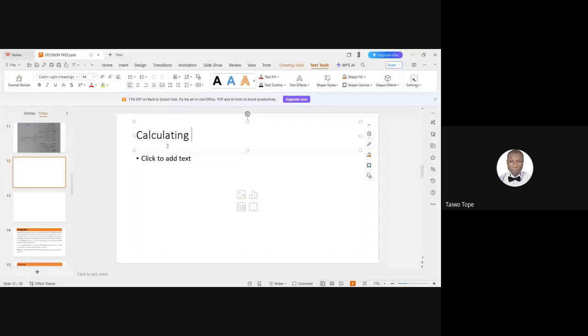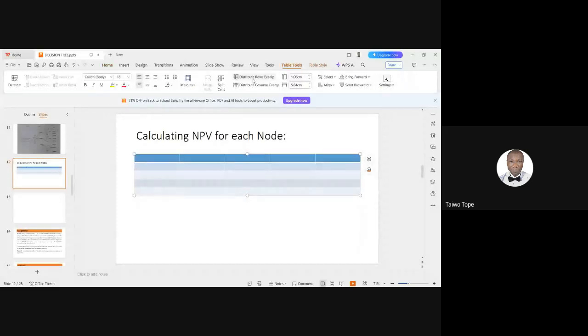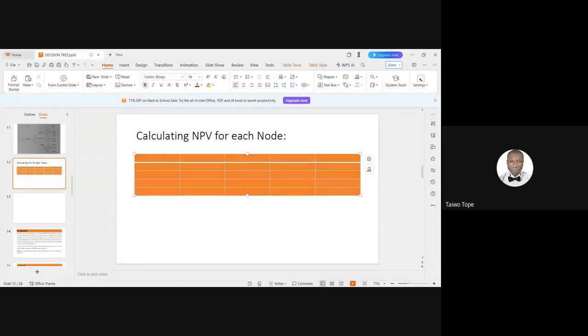Calculating NPV for each node. Let's say node A. We're going to have it in this form.